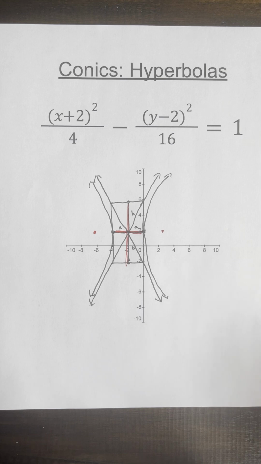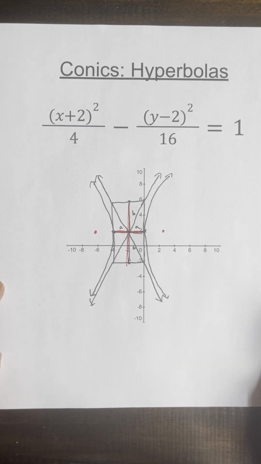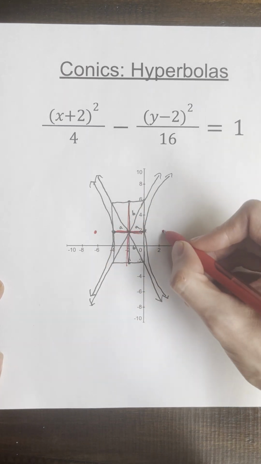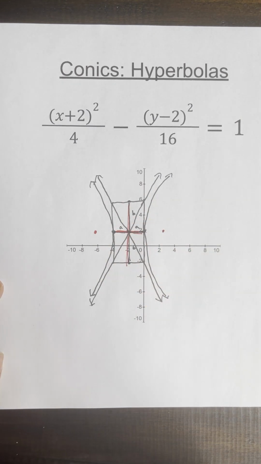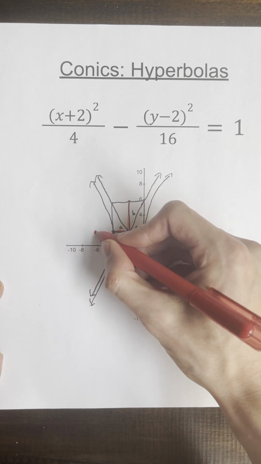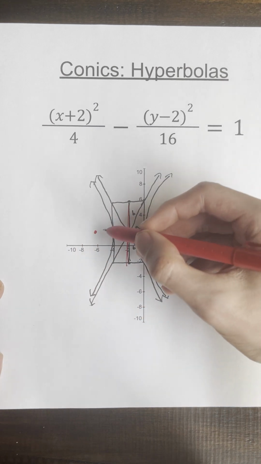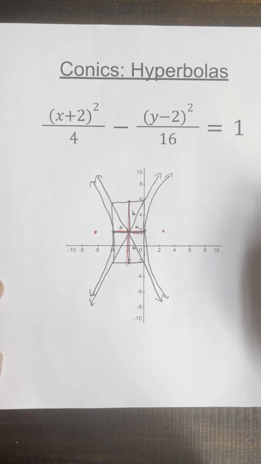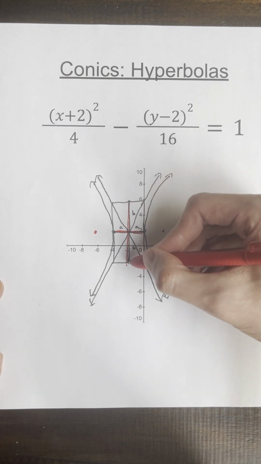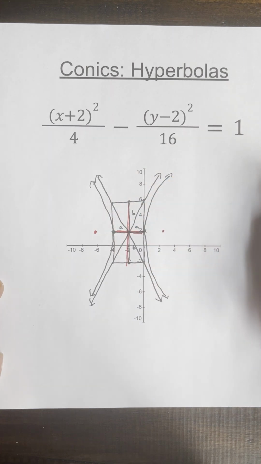What's the latus rectum? To find the latus rectum, you need to go to the foci. I'm going to start at this focus, and I'm just going to draw a line parallel with the conjugate axis. So it has to be parallel to this and go through this point. What would it look like?